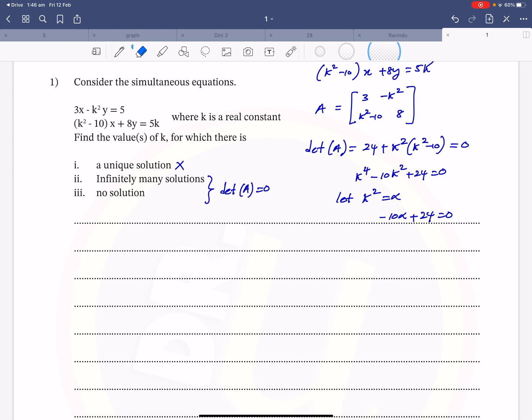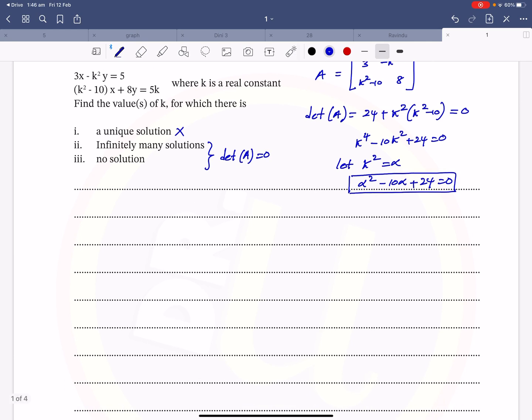Now we have to solve this quadratic equation, so we can directly use the formula.